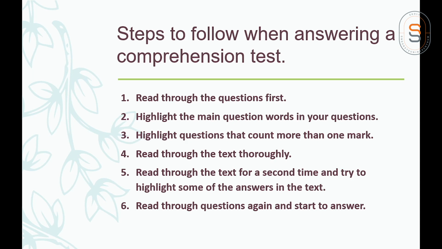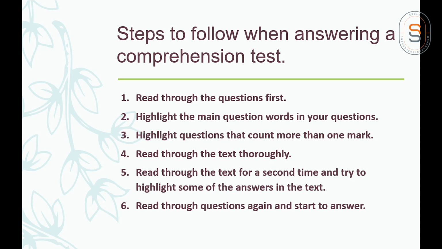The second part: highlight the main question words in your questions. Now we're going to concentrate on the question words just now, but it's question words like who, what, where, when, why, how. And then we're going to concentrate on words like describe. We're going to look for quote.